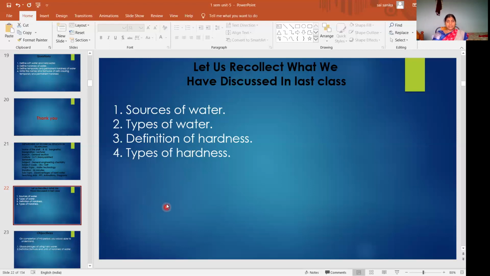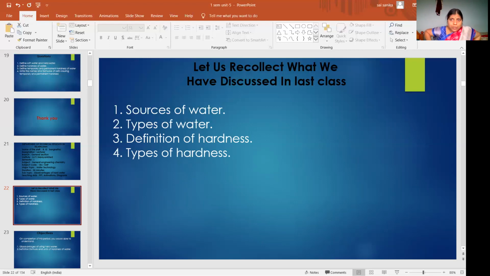And permanent hardness. Permanent hardness is due to soluble salts of calcium and magnesium: calcium chlorides and magnesium chlorides, or calcium sulfates and magnesium sulfates. It means chlorides and sulfates of calcium and magnesium.